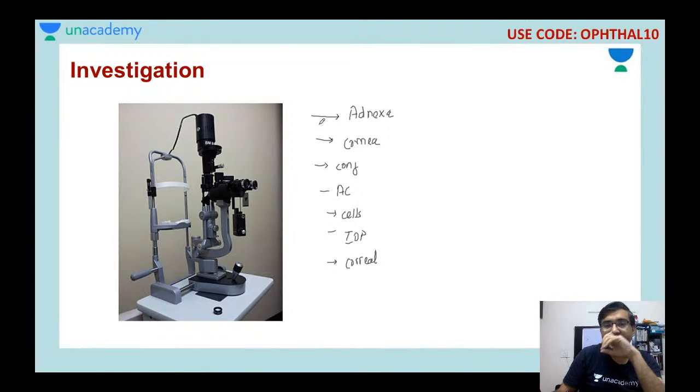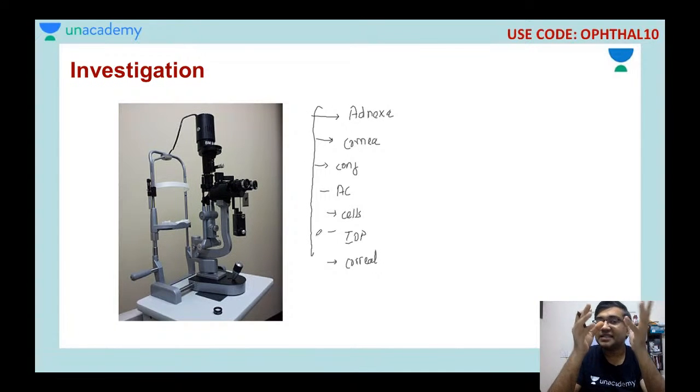Even the fundus can be seen with the help of the slit lamp. It increases the magnification of your cornea and everything as well. So this is your investigation of choice. What is this instrument? This is called a slit lamp. You do a comprehensive slit lamp examination before going to the final diagnosis.